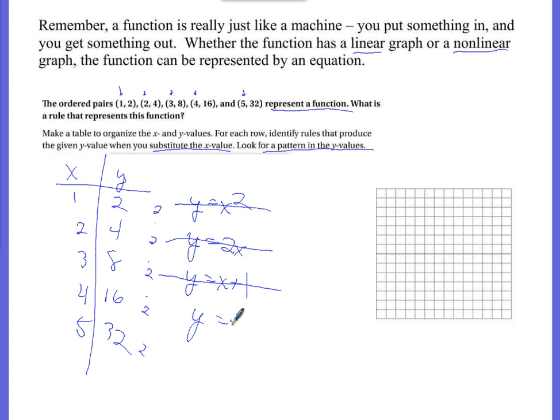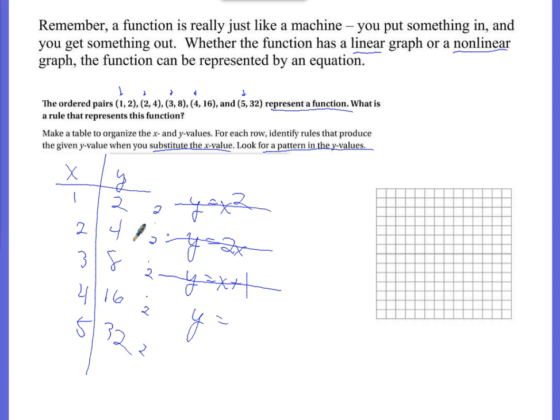It's not x equals. It's still y equals. Y equals y squared? We have to have an x involved. It's still y equals. So look at this. How do I get to 4 if I'm multiplying by 2 each time?